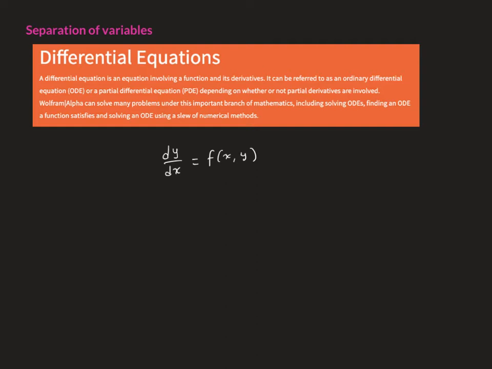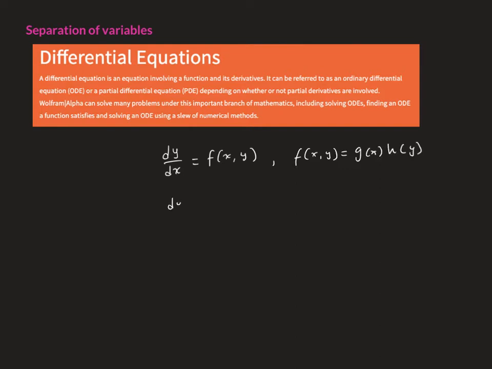To use separation of variables, you need to make sure to set up your differential equation in such a way that the function f of x y can be expressed as the product of two different functions. One function that is a function of x and one other function that is a function of y.